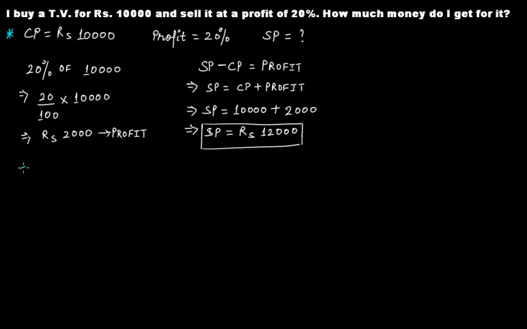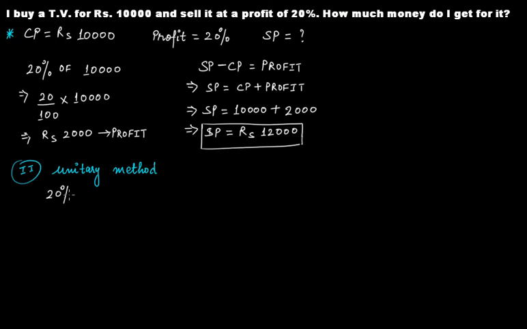There can be one more way, and that is the unitary method. Now, in this second case, what is the profit? Profit is 20% in the percentage term.